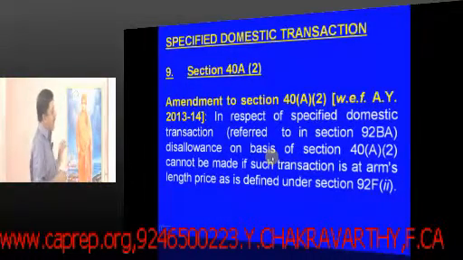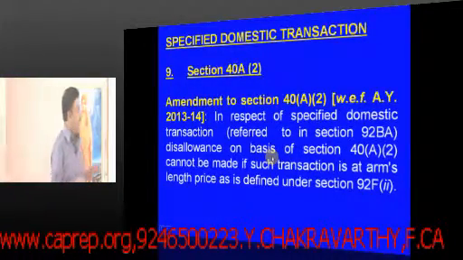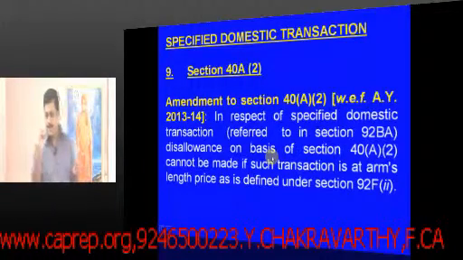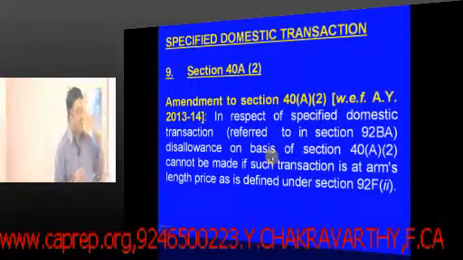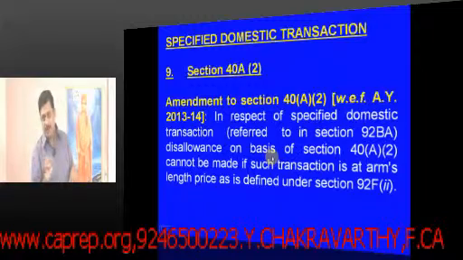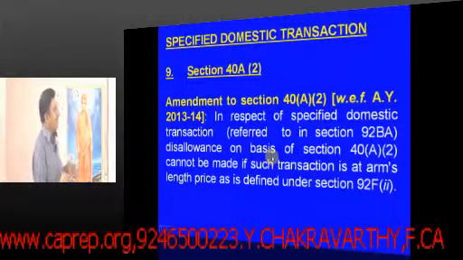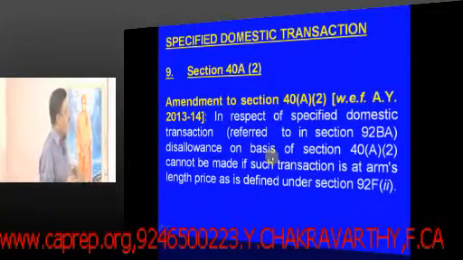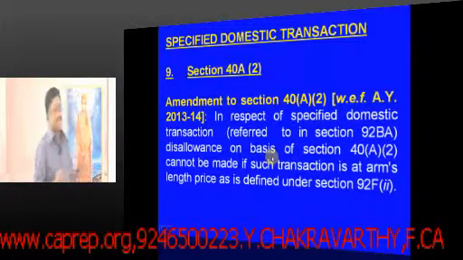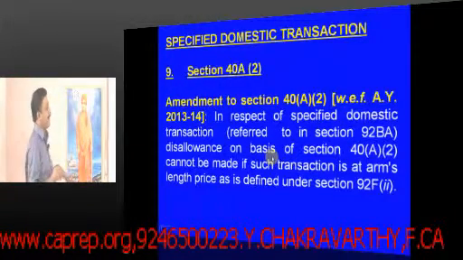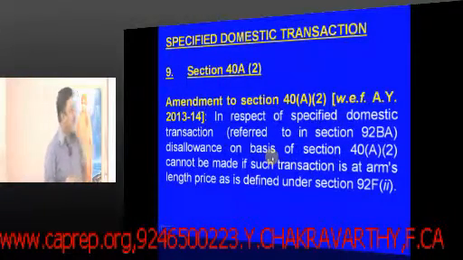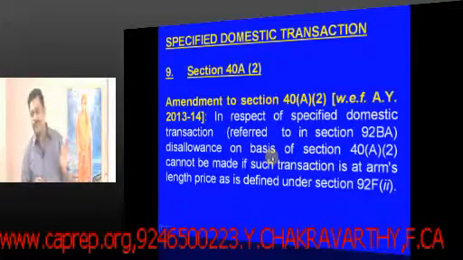In respect of a specified domestic transaction, of course, what a specified domestic transaction is, is given in section 92BA. Disallowance on the basis of section 40A(2) cannot be made if such a transaction is at arm's length price as defined in section 92F.